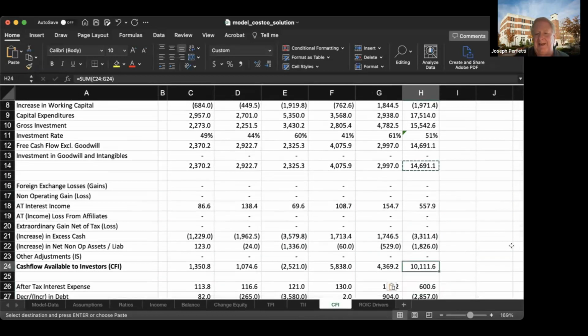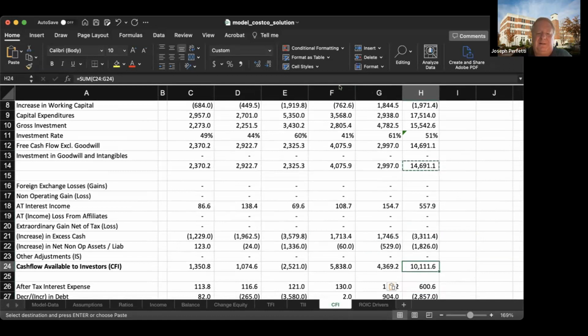So what happened in non-operating items at Costco? How did 14.7 turn into 10.1 to pay out? What did Costco do with that $4 billion of non-operating cash?